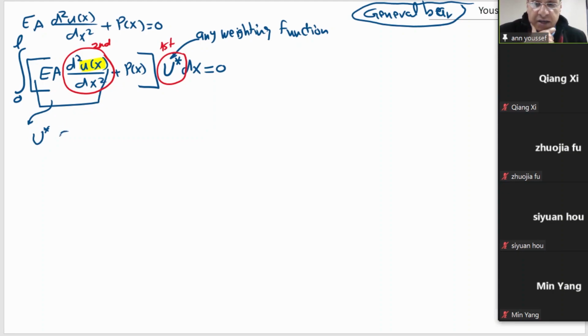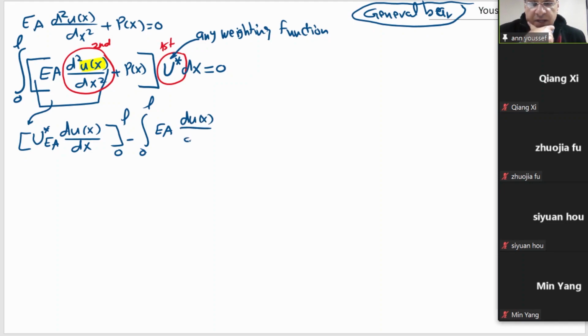So I integrated du of x by dx once. I don't want to forget the EA. And I will apply this from 0 to L, a boundary integral, minus the integral from 0 to L of the previous integral, which is EA times du of x by dx times the derivative of the first function, du asterisk by dx.